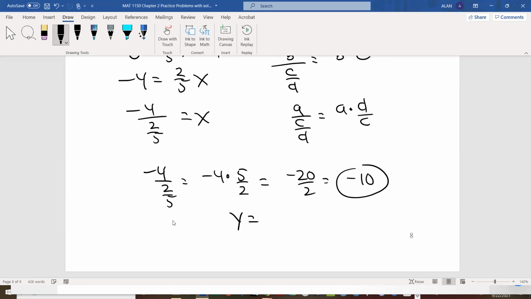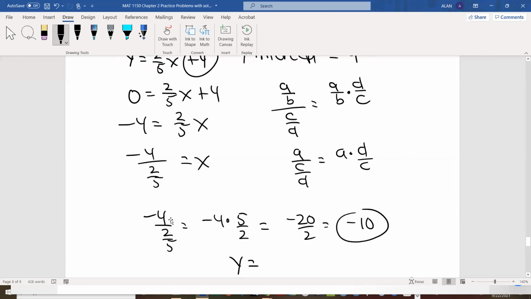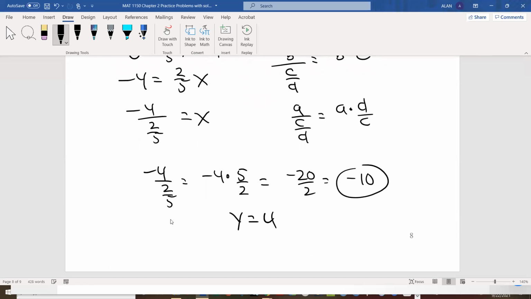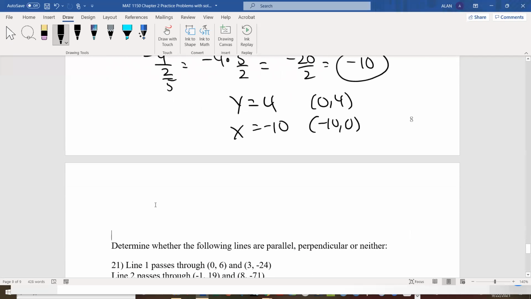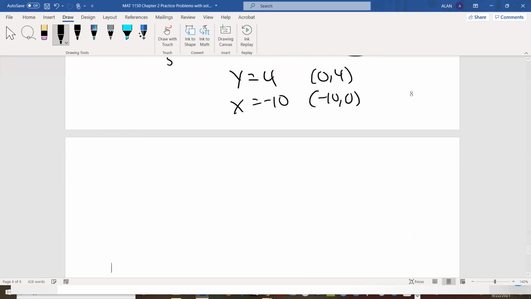So y equals 4 and x equals -10. These are the intercepts. And again, you can think of this one as 0, 4, and this is -10, 0. And if you want to see roughly what this looks like, all you need is those 2 points.